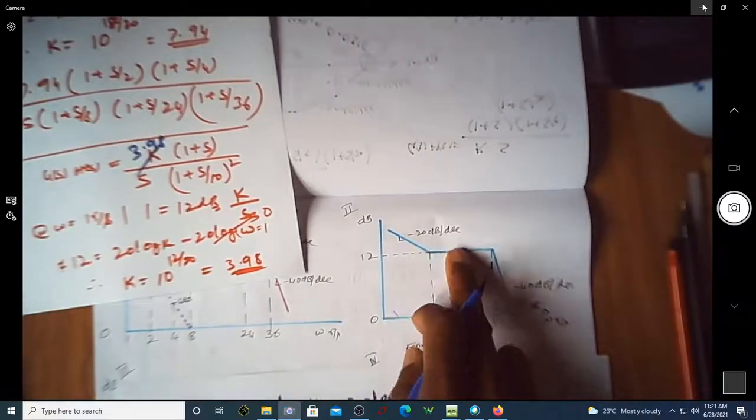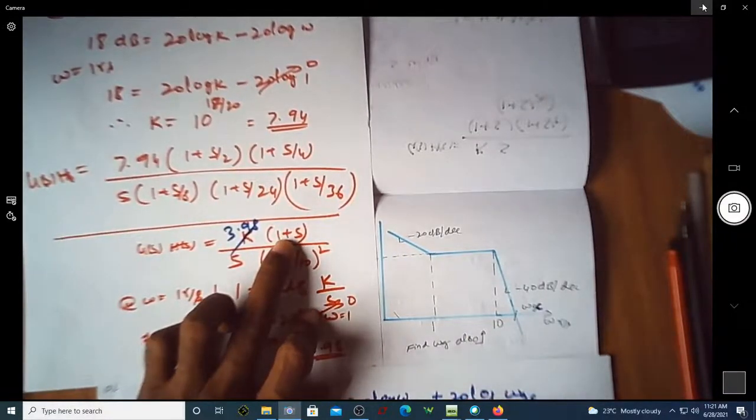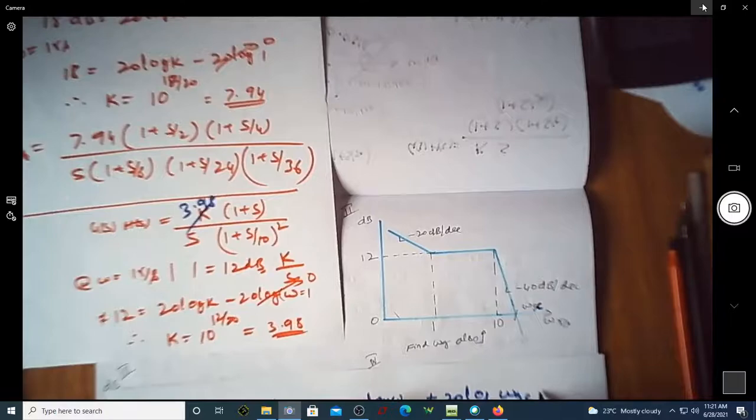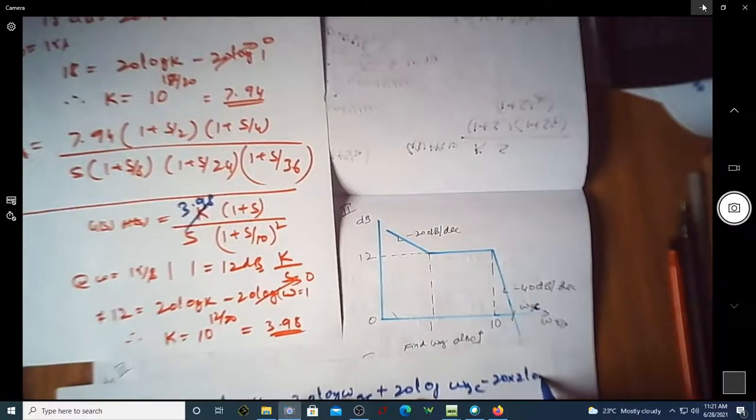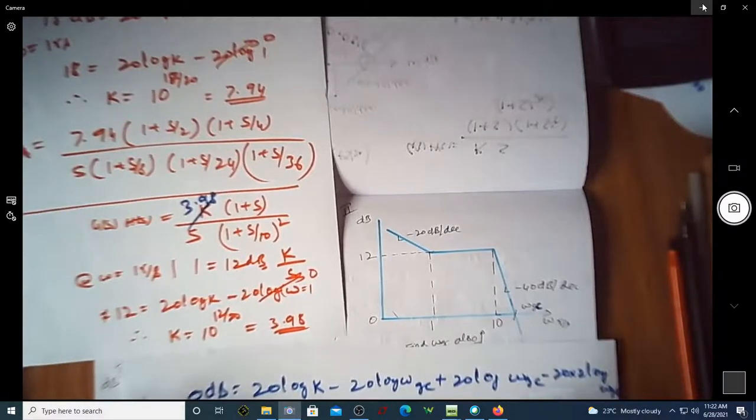This is due to the zero at 1, and then we have 2 more poles, so I will write it as minus 20 into 2 log of omega gc. Suppose if you solve this, we'll get the value of omega gc.